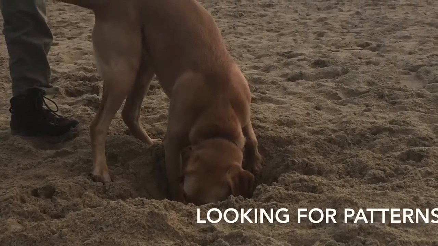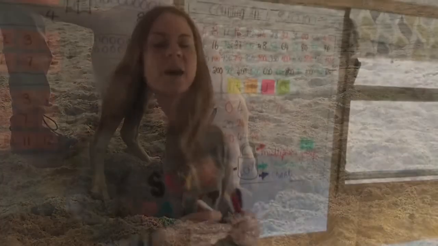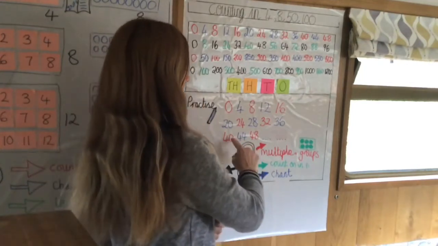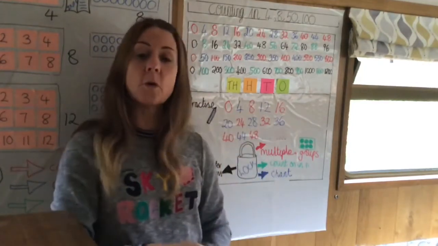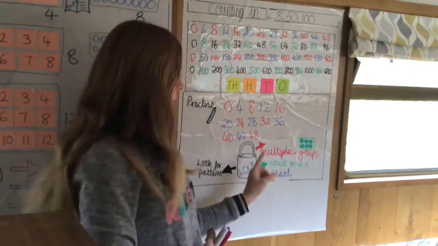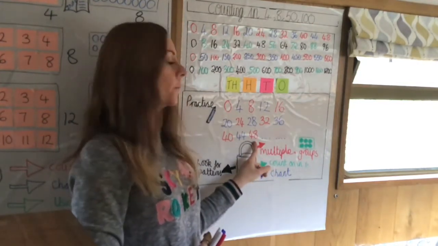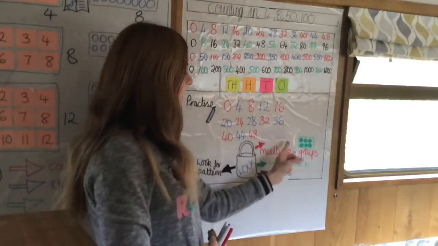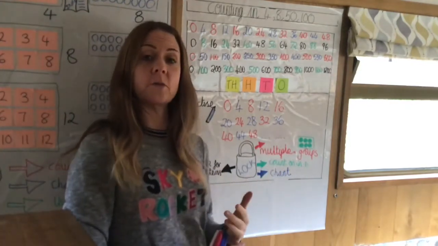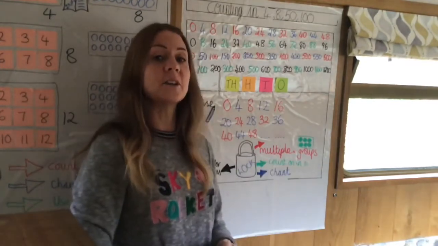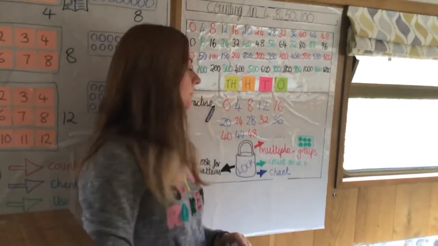Okay, looking for patterns. What I have done here is I have written out the multiples of 4, all the way up to 12 lots of 4, 12 multiples of 4. And I have left the 13th multiple of 4 and the 14th multiple of 4 missing, because I think we can use our pattern to fill them in.